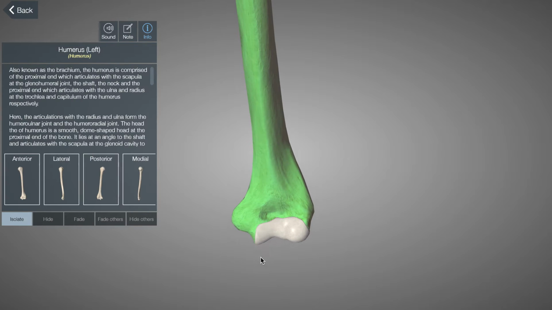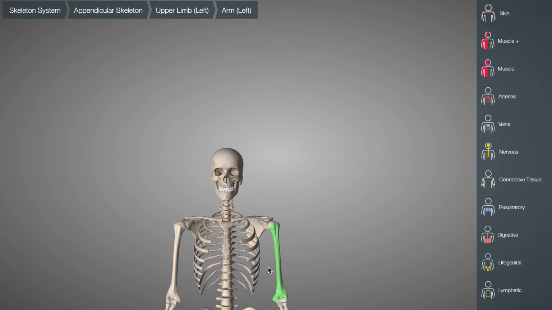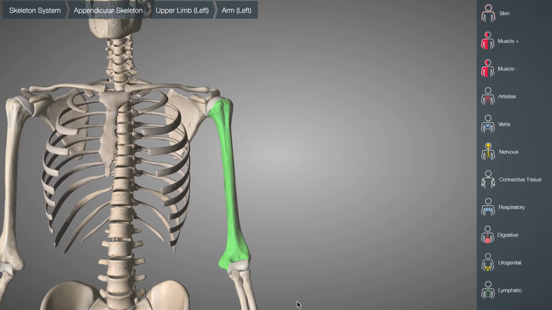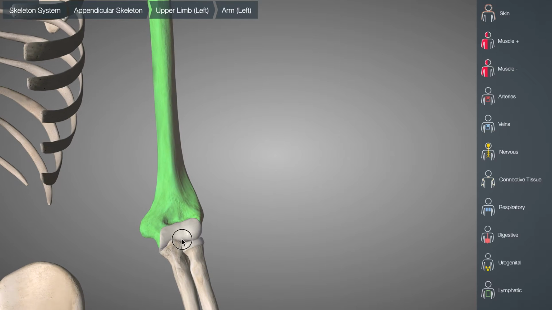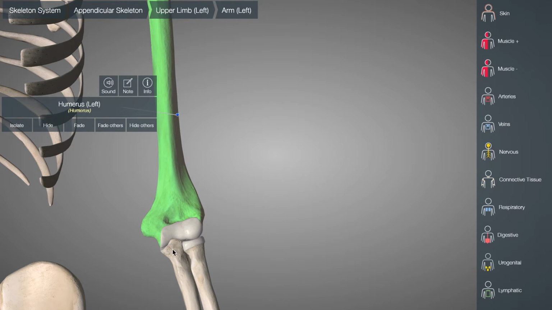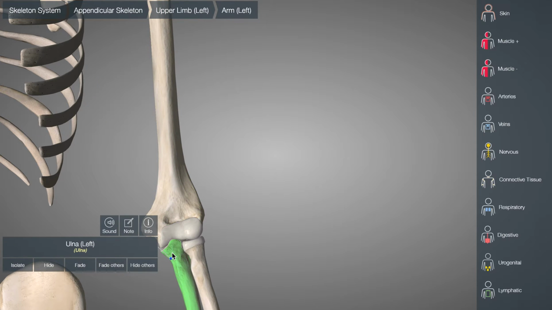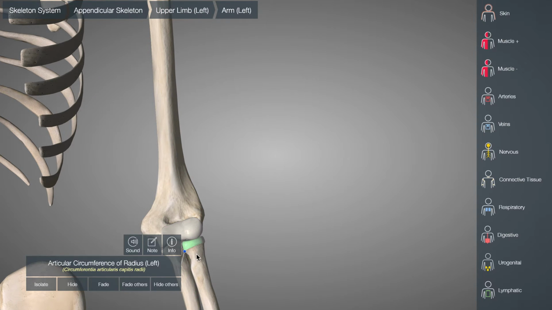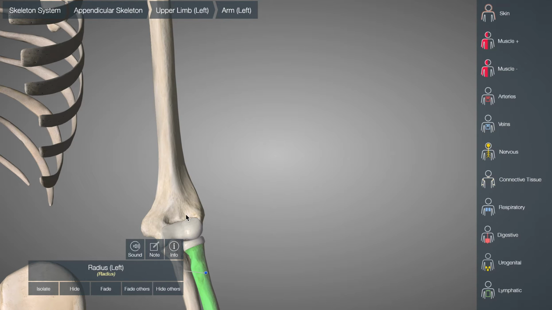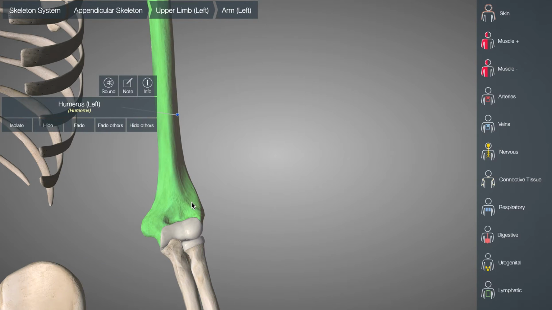There's a little bit of an elongated impression, and that's called the radial fossa. And the reason that it's called the radial fossa is because that's where, if you bend the arm, that's where the radius is going to kind of fit into. That's going to be this guy right over here. All right. So we have the humerus, the coronoid fossa, as well as the radial fossa.